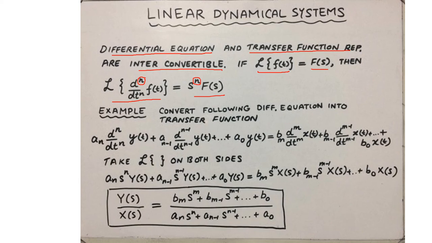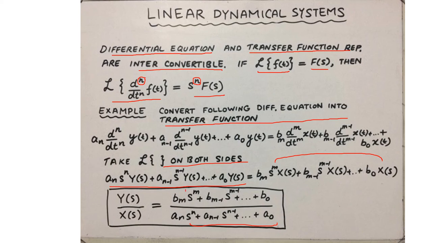So if we do a simple example here, try to convert the following nth order differential equation into the transfer function, then all we need to do is to take a Laplace on both sides. When we do that, we get a polynomial in s on the left hand side. This is the nth degree polynomial, and we have a polynomial in s of degree m on the right hand side, that is the input side.